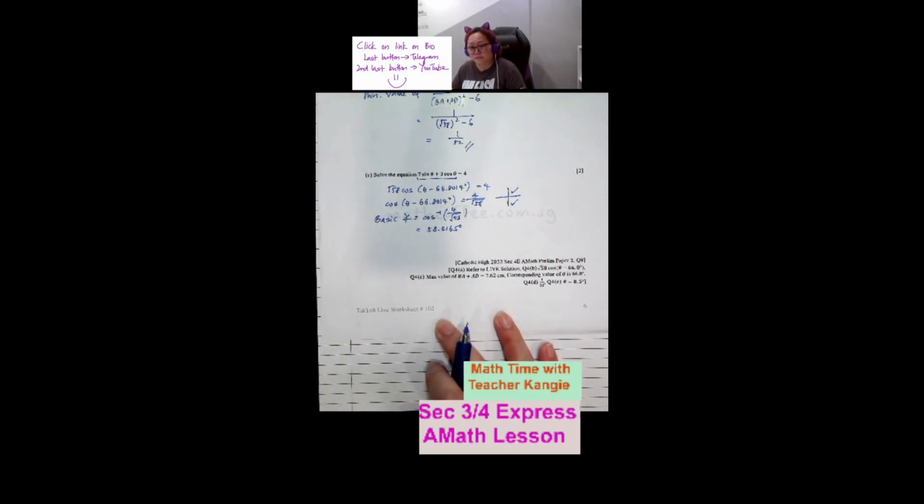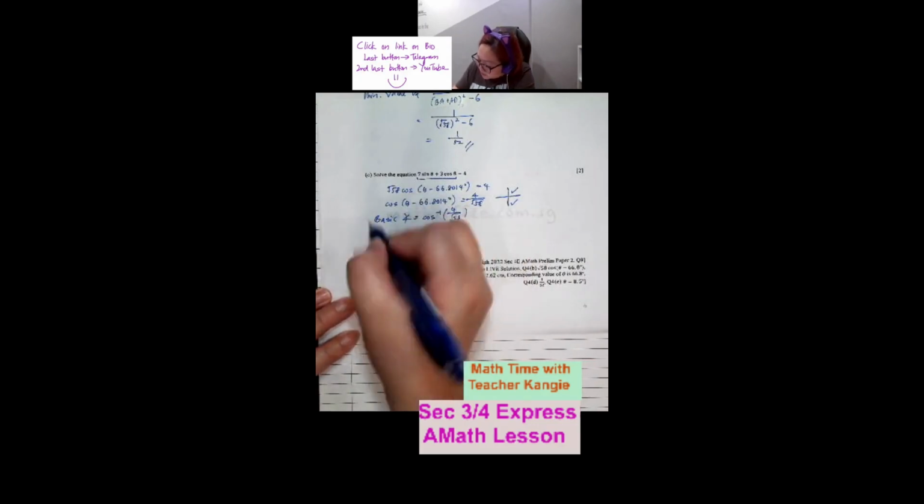Next, our theta minus 66.8014 degree is equal to, first quadrant, our basic angle 58.3165. Fourth quadrant is 360 minus 58.3165, and that will give us 301.683 degree. Then many students stop here.